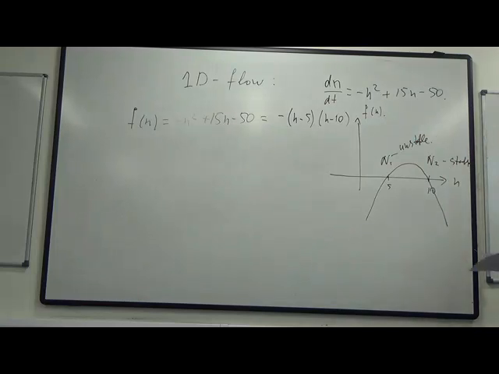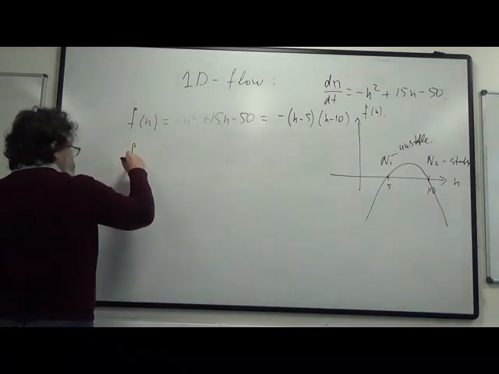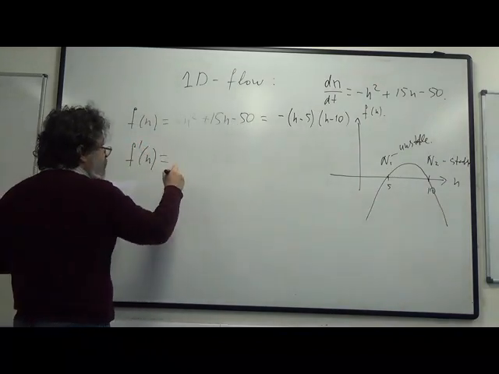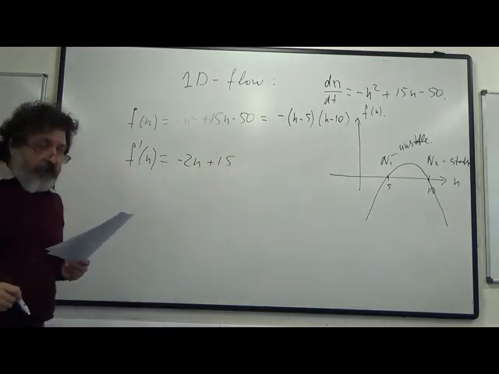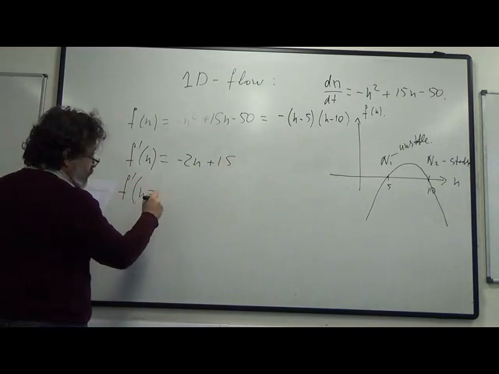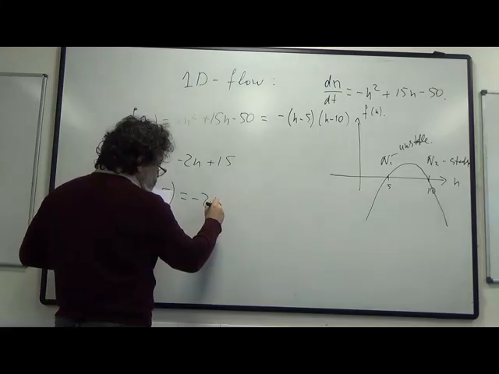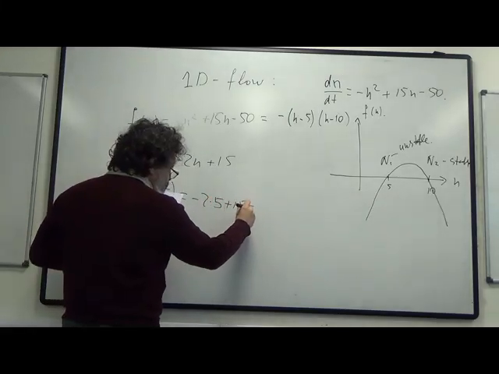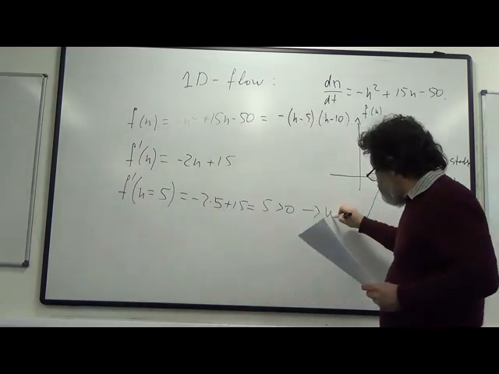Formally you could do it a different way, I used an illustration. You could say, let's find the derivative of f, which is minus 2n plus 15. Then we find the derivative at n equals 5. It will be minus 2 times 5 plus 15 equals 5, positive, and therefore unstable.